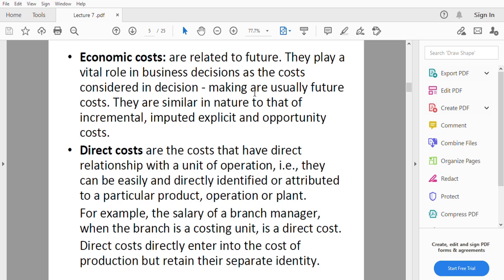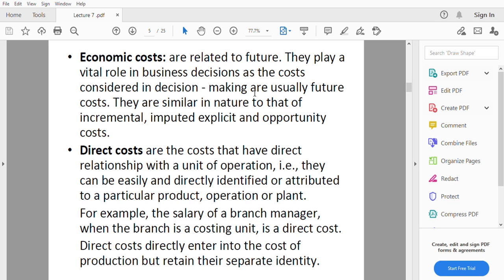And we have the direct cost. Direct costs are costs that have direct relationship with the unit of production. So they can be easily and directly identified or attributed to a particular product, operation, or plant. So for example, the salary of a branch manager is a direct cost when the branch is a costing unit.